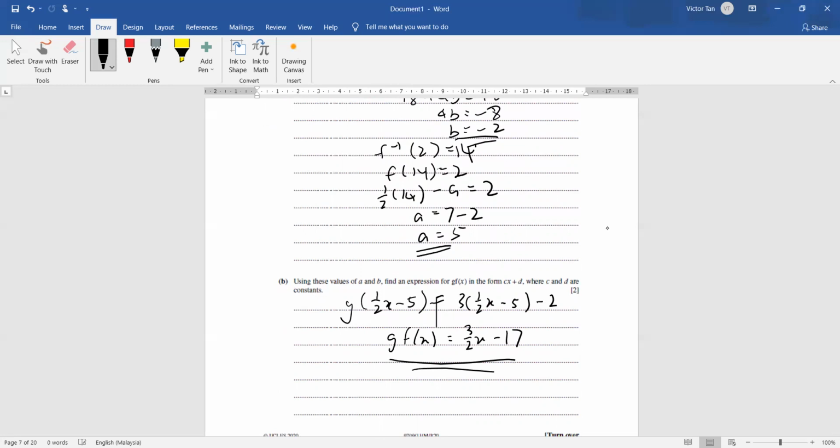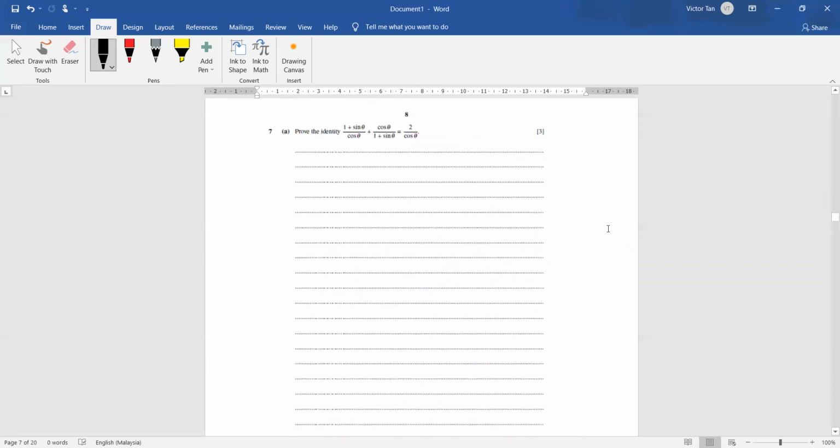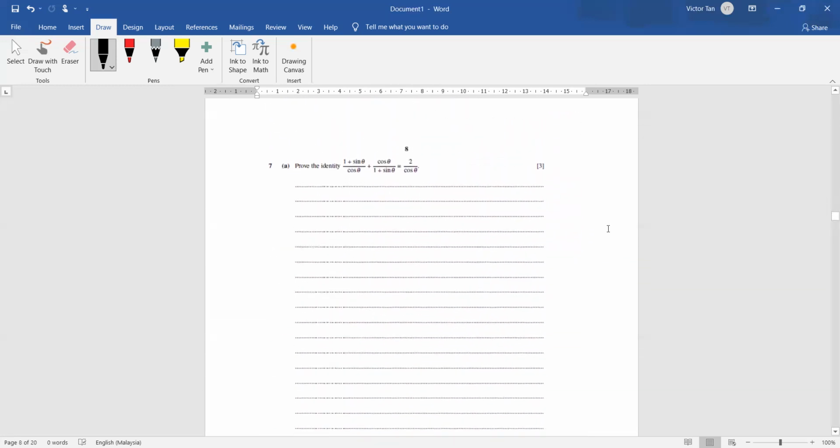That is the solution. Next question is a question on trigonometry. So I'm going to prove it using the left hand side, from a more complicated expression to a less complicated expression.